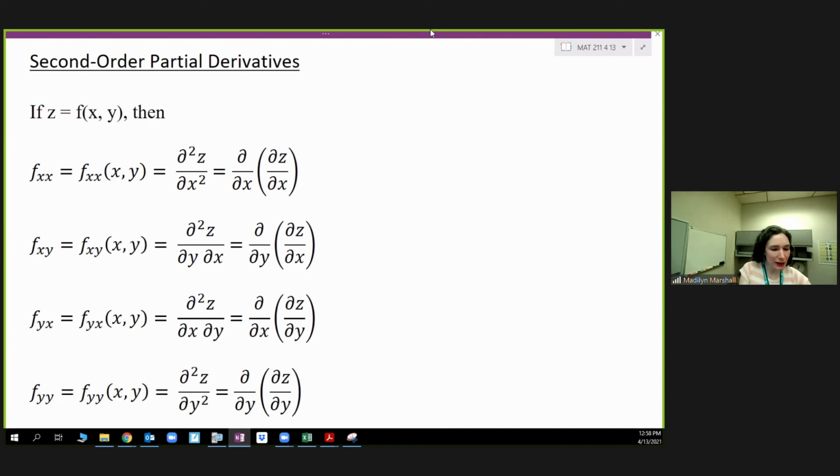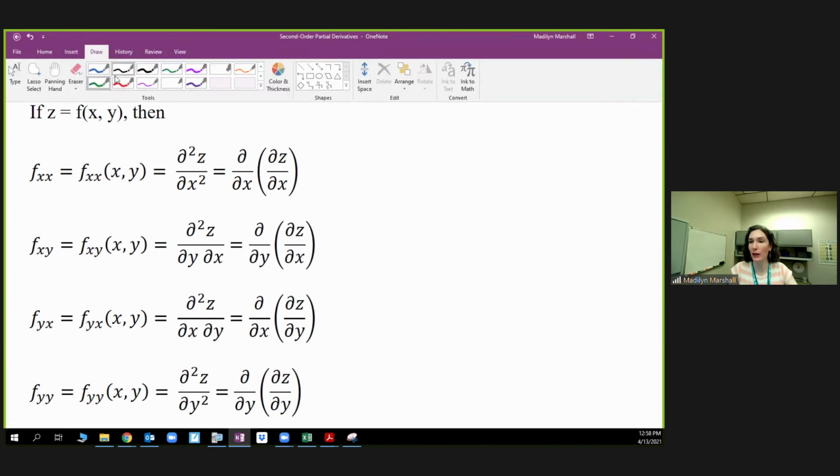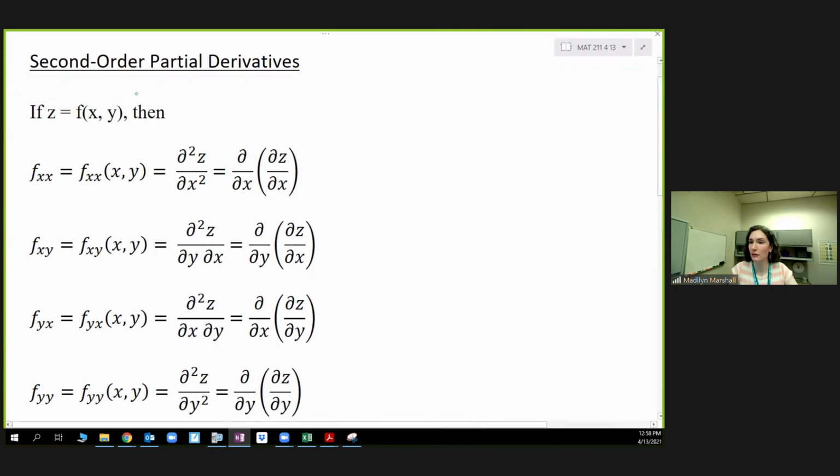I'm just going to make a note that all of these notations are on page 438 of the book. So if you don't want to write them all down, you can reference that.